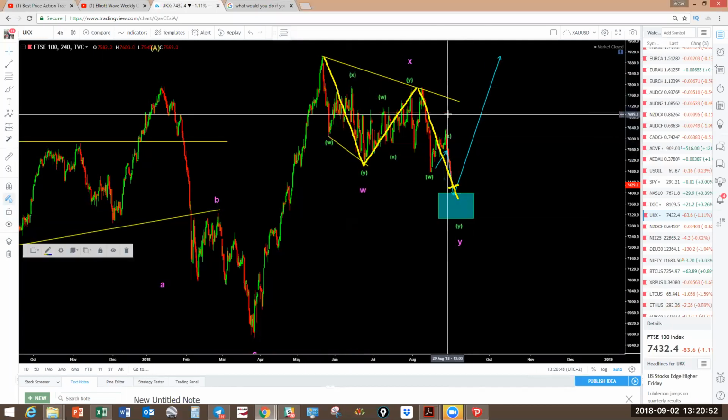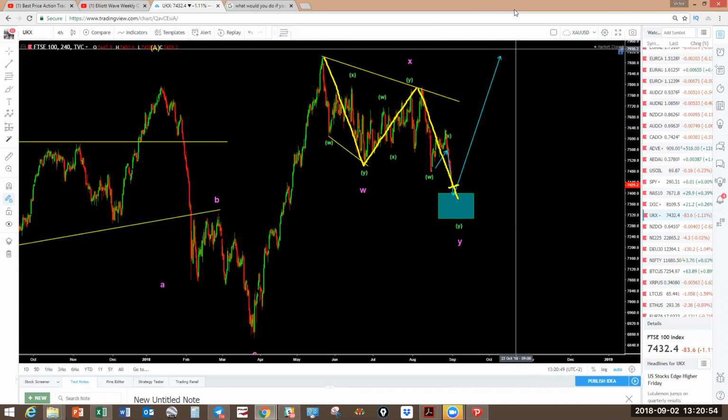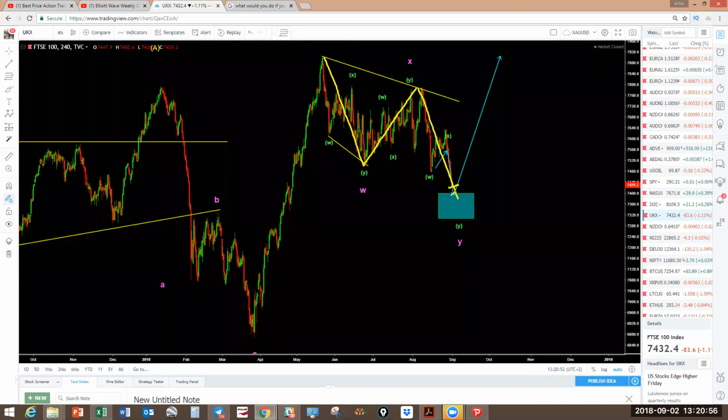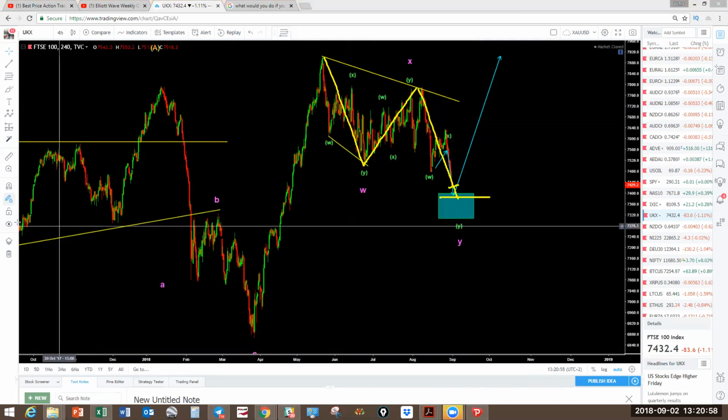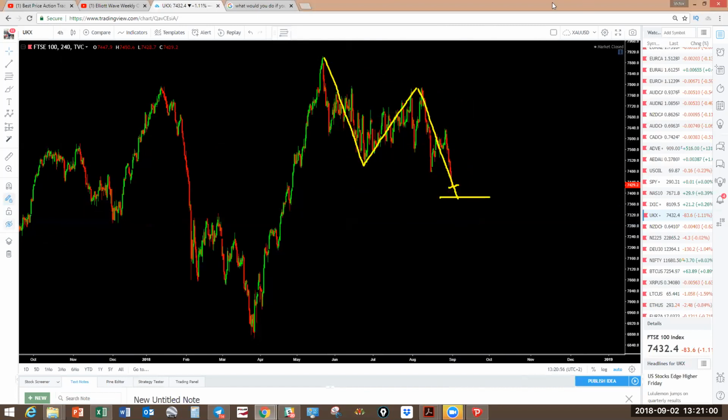A few more pips to the downside, and you'll be looking for this to come back in here. Okay, let's switch off and clear and see. Yeah, a few more pips to the downside. That's UK 100.